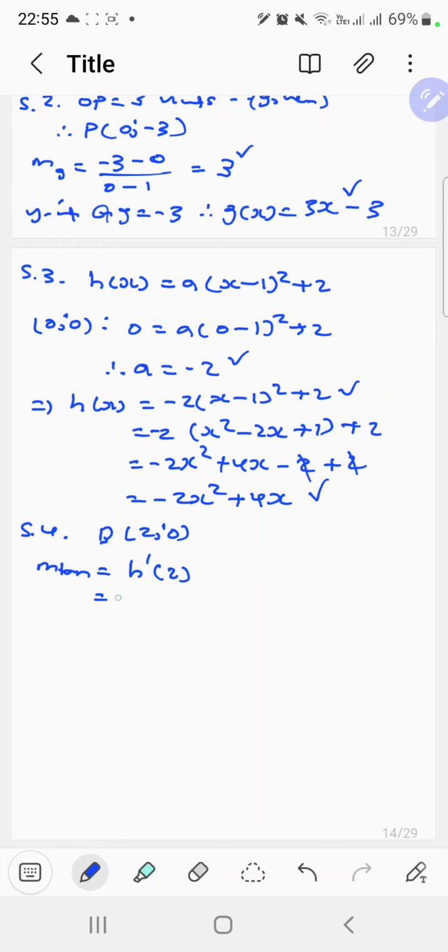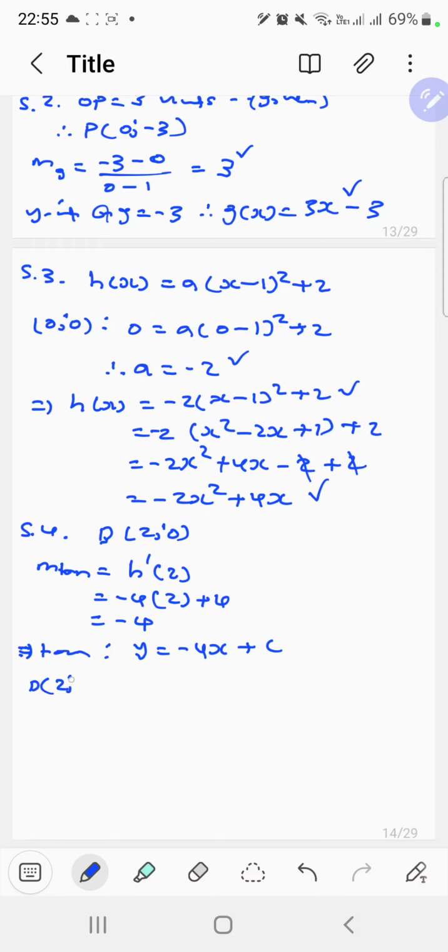When we do the derivative here, we get minus 4 into 2 plus 4. This is minus 8 plus 4, which is minus 4. Then we can say, therefore, the tangent is y equals minus 4x plus c.